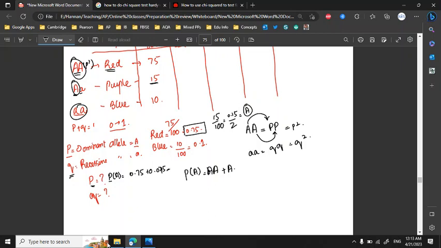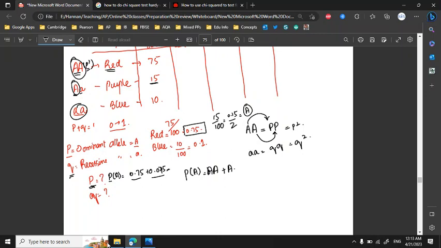So the total value of P, not P square, remember this is the value of P square, I need to find out the value of P. So if I need to find out the value of P, I need to add both of them.